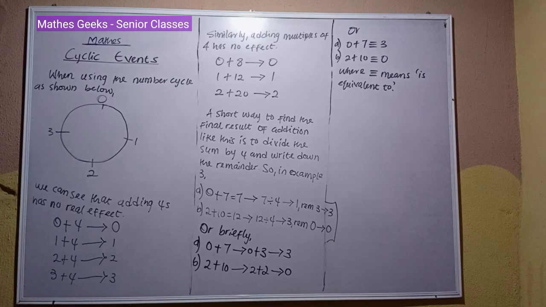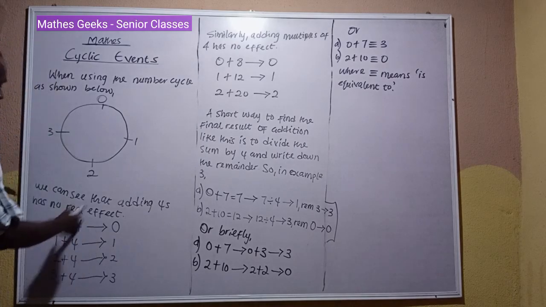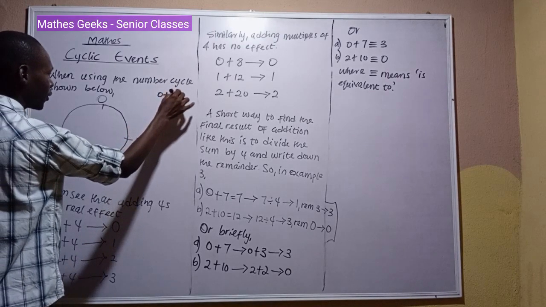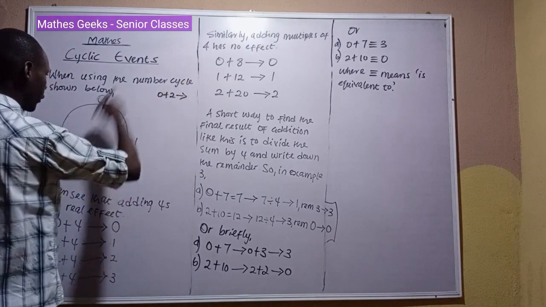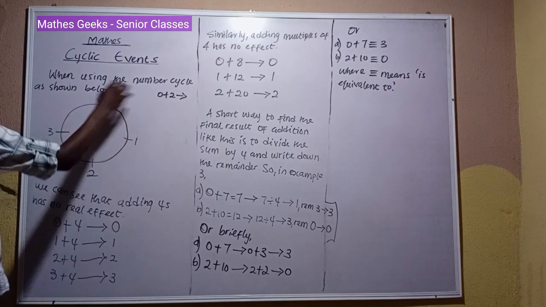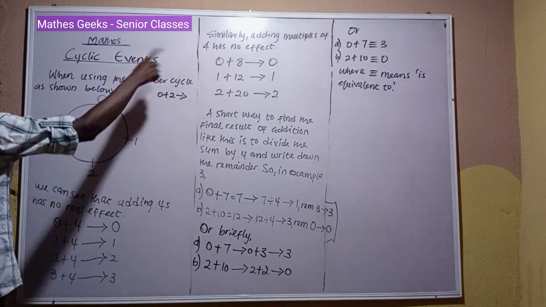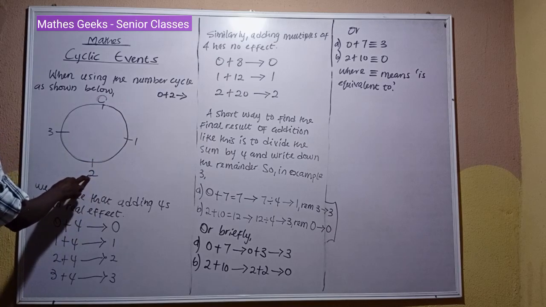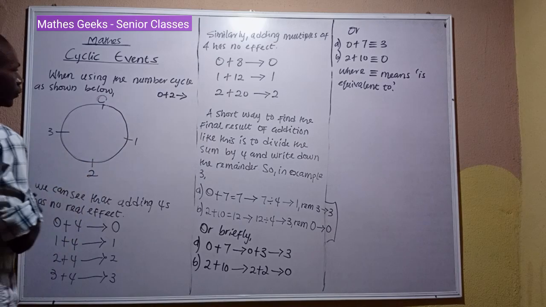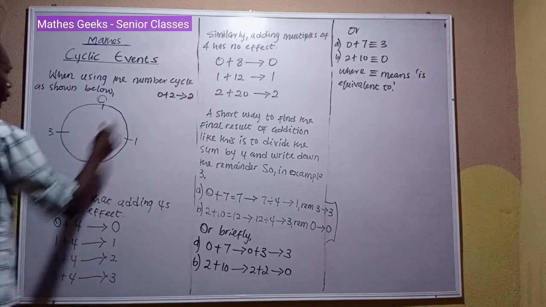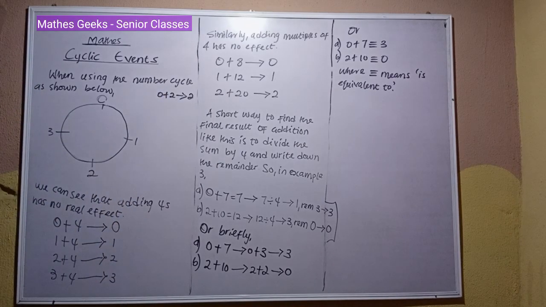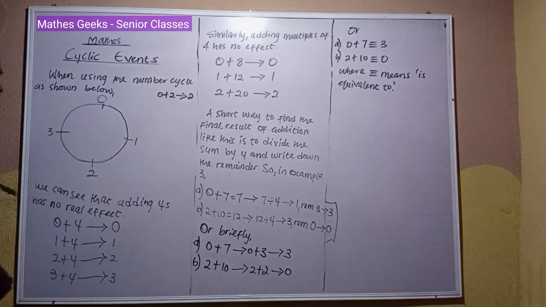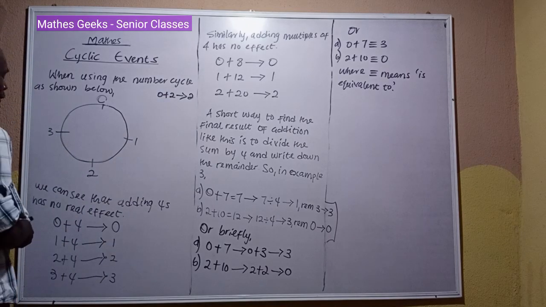When I explained 0 plus 2, I told you that 0 means where you are starting, and 2 means your movement forward 2 times. So 1, 2. So 0 plus 2 will give you 2.